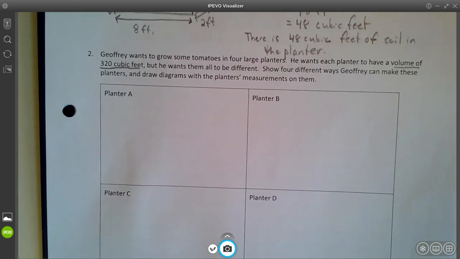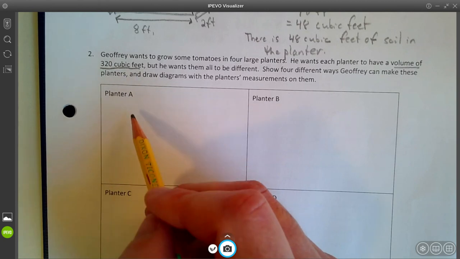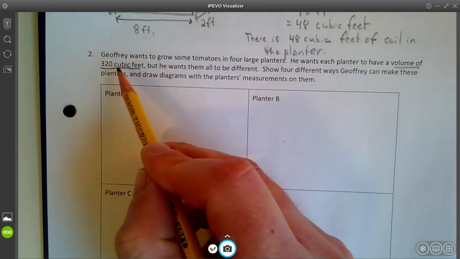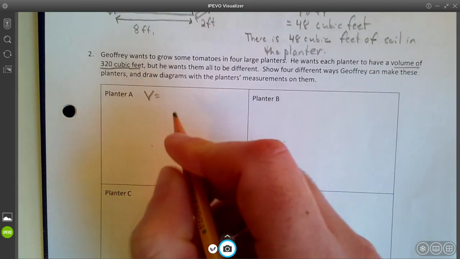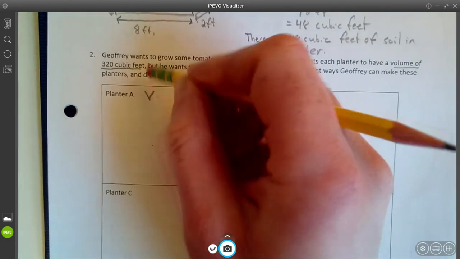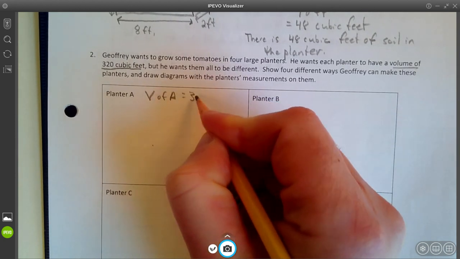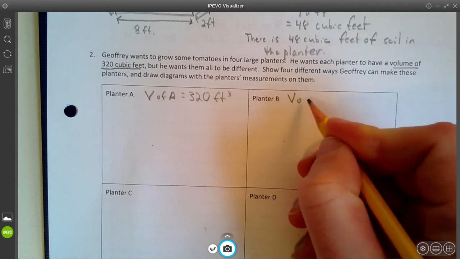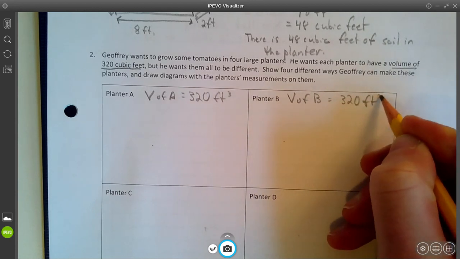So, okay. I think the key here is that he wants to make 4 different planters. Each one has a volume of 320 cubic feet. So the volume of planter A equals 320 cubic feet, and B equals 320 cubic feet.